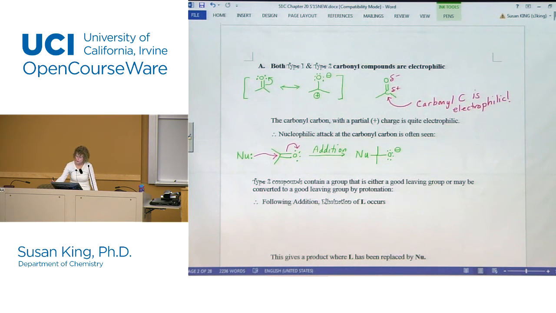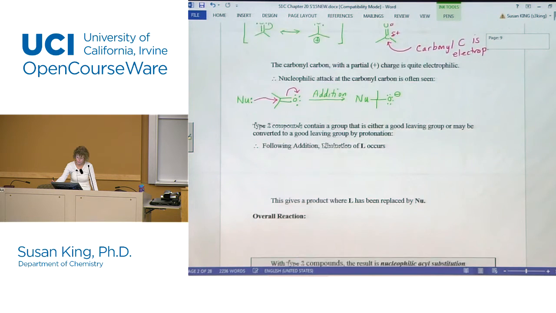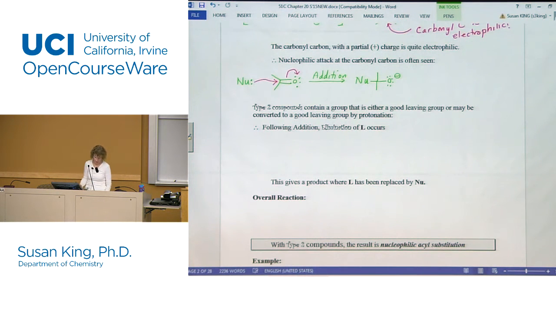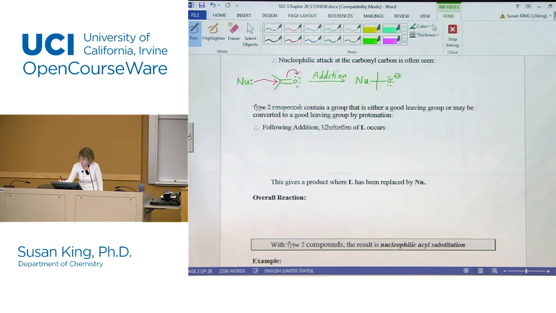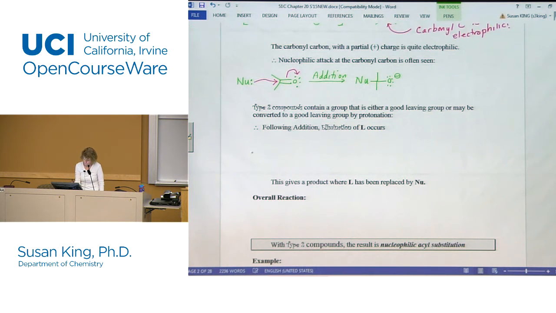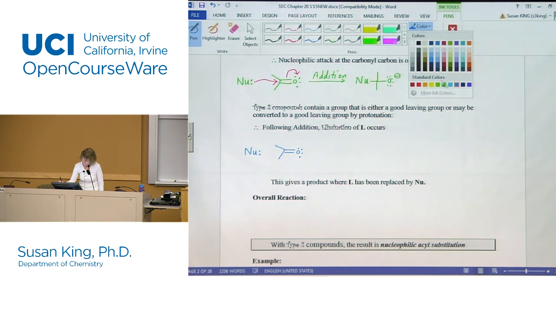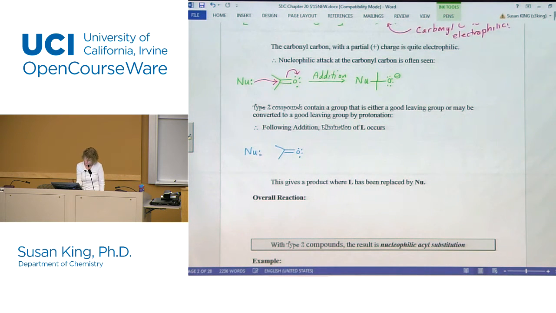Type 2 carbonyl compounds, on the other hand, are a little bit different. Following addition, elimination occurs. So it's going to be two steps now for these guys. All right, so the nucleophile is going to attack, same as it did with the type 1 carbonyl compounds.